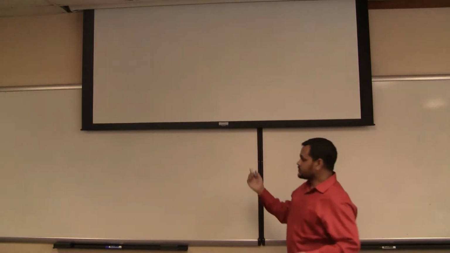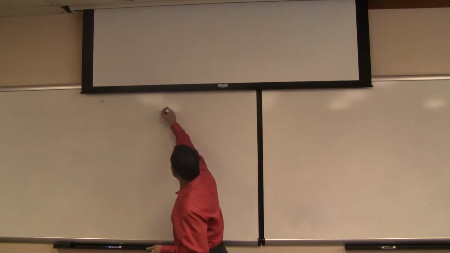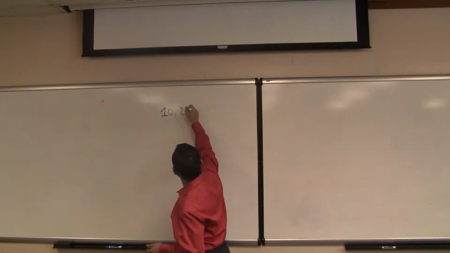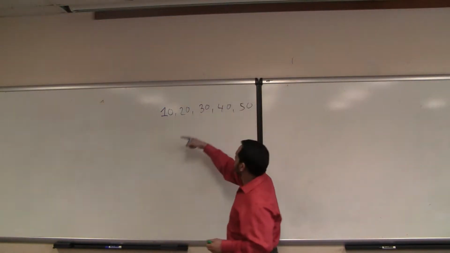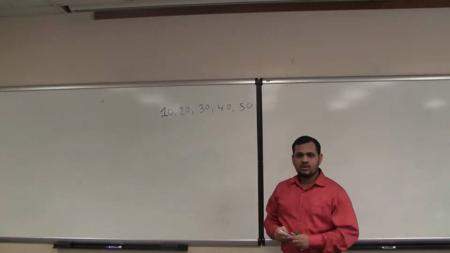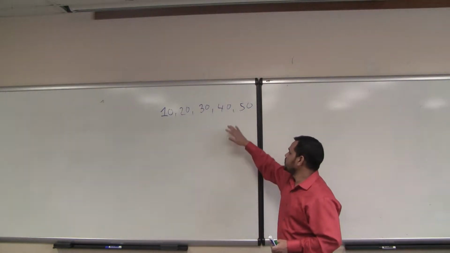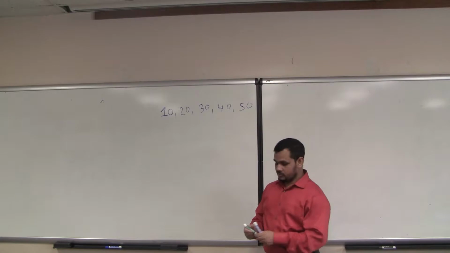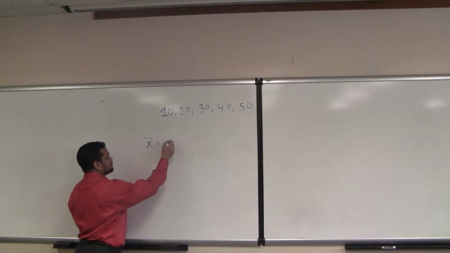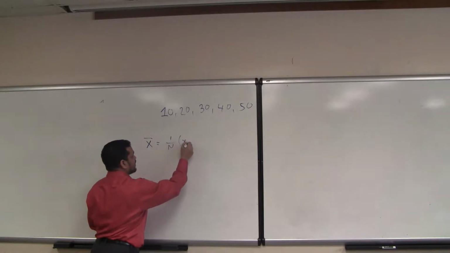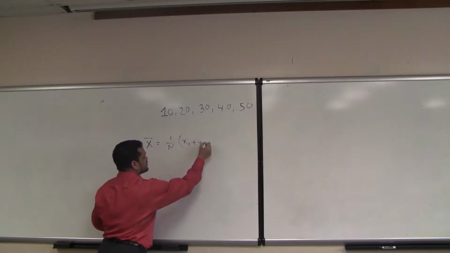Let us assume some numbers: 10, 20, 30, 40, 50. What is the arithmetic mean of these numbers? How to do it? The equation is x1 plus x2 and so on.